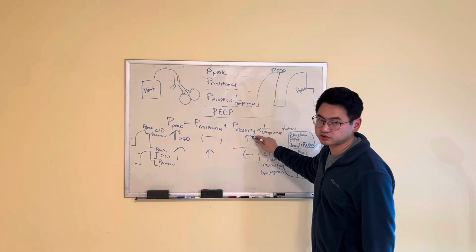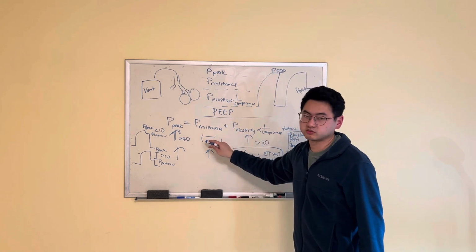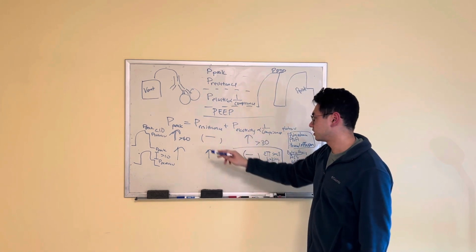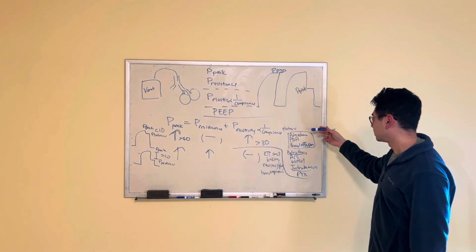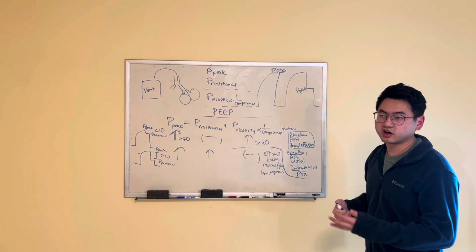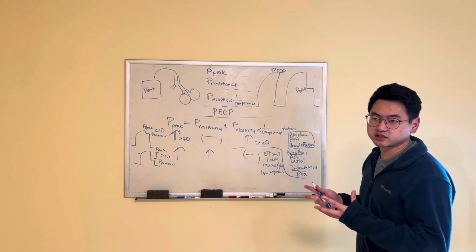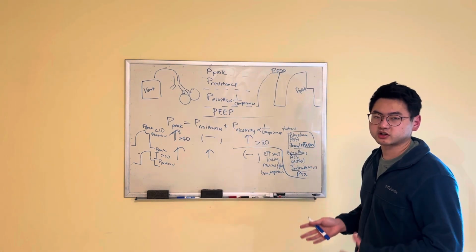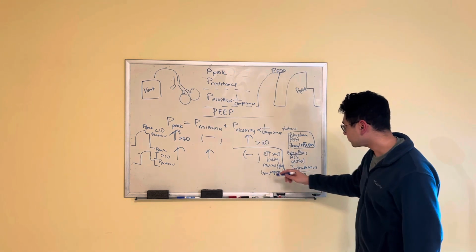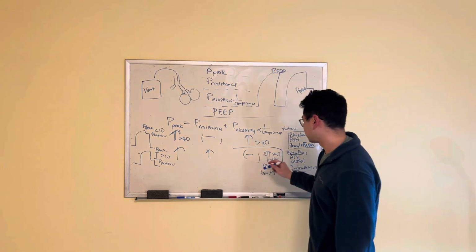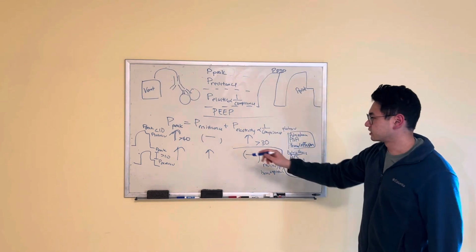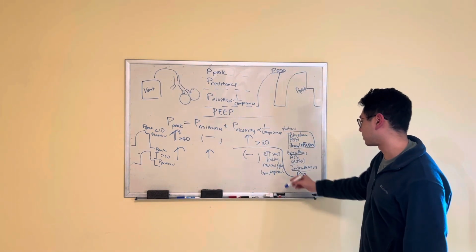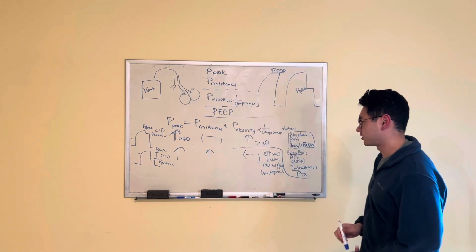If the plateau pressure is elevated, we can assume that the resistance pressure is normal, and we can assume this is a compliance issue due to something affecting the lungs or the compliance of the lungs, either through intrathoracic or extrathoracic means. Or if, let's say, the peak pressure is elevated but your plateau is normal, then we can assume this is a resistance problem coming from anywhere in the airways.